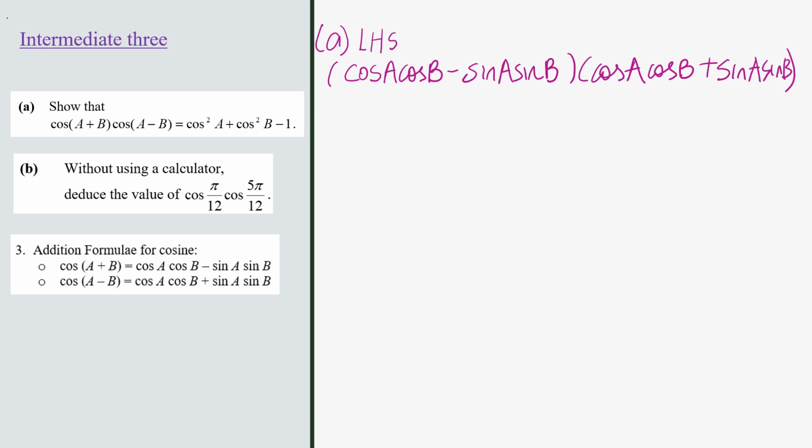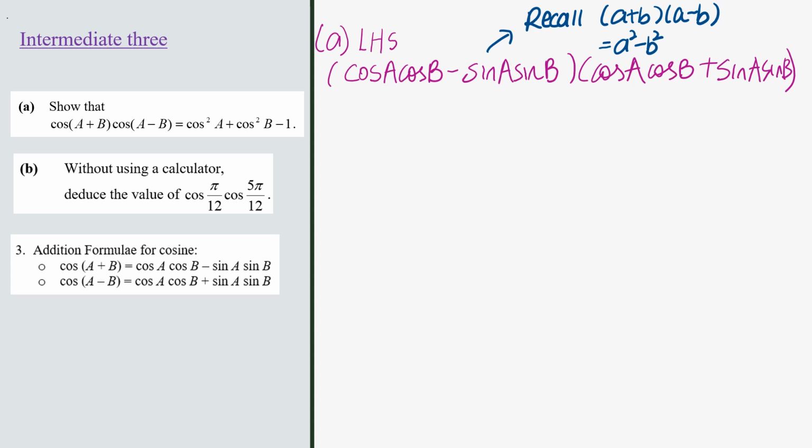Okay, so if we observe it very carefully, you have cos A cos B minus sin A sin B, and then cos A cos B plus sin A sin B. So that will remind you of the algebraic identity we've learned. Yes, so that will give you A squared minus B squared.